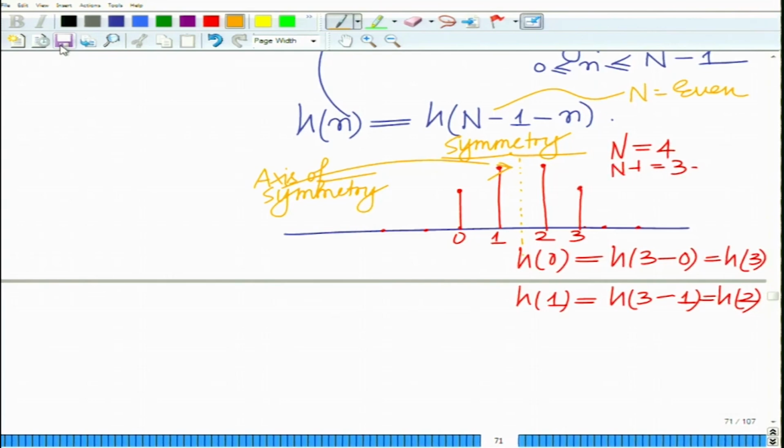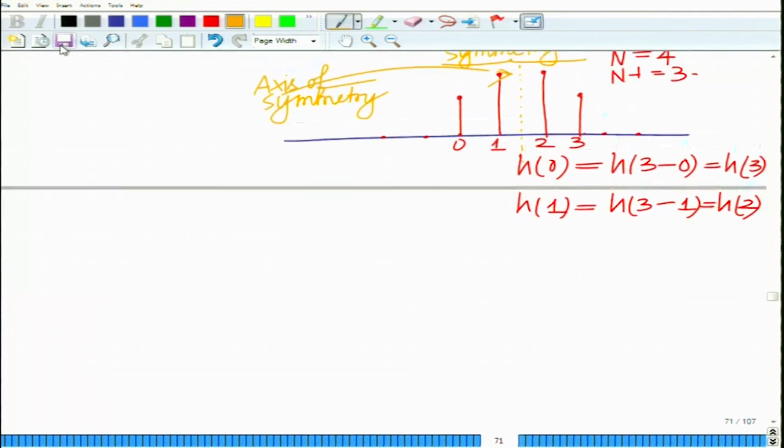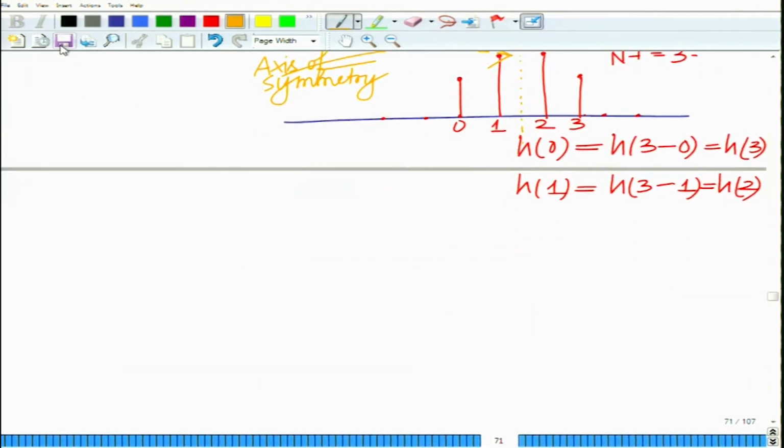So, you can think of this as an axis of symmetry, okay. And therefore, this impulse response of this filter is symmetric, alright. It satisfies the property h[n] equals h[N minus 1 minus n], okay.